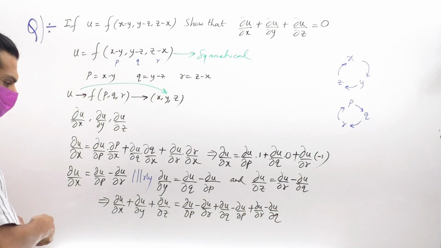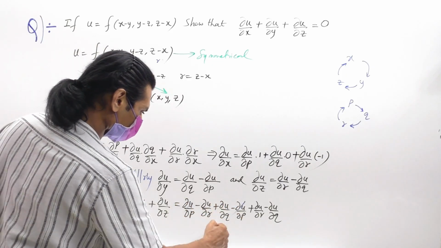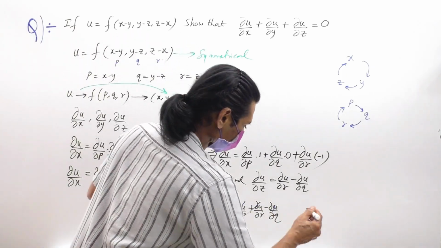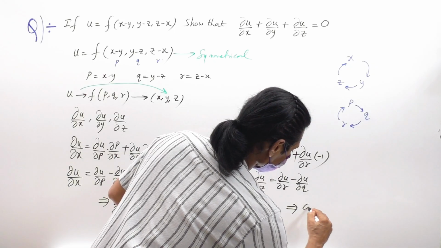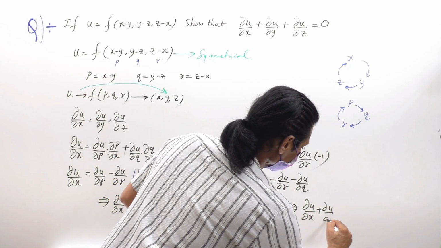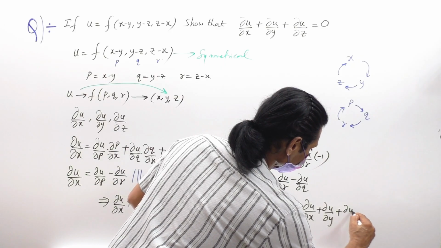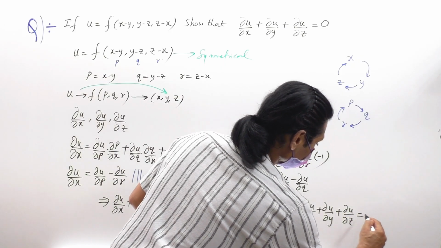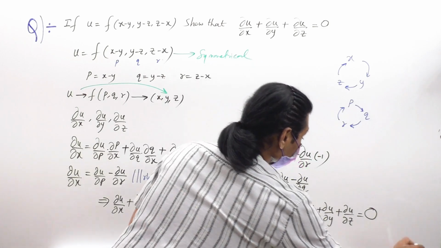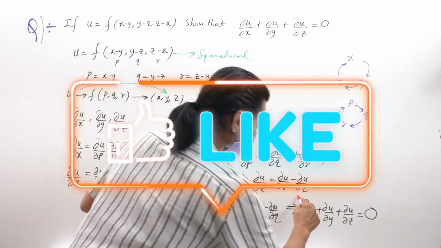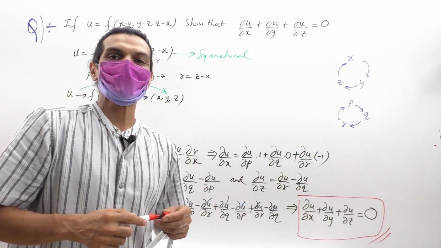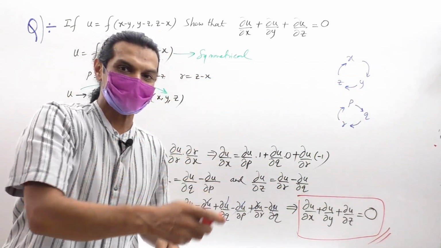See, everything cancels here. So dou p, dou q, dou r all cancel. Therefore, we have dou u by dou x plus dou u by dou y plus dou u by dou z equal to 0. So that's what is required in the question. So the answer is 0. As simple as that, but you need to practice it. Fine.